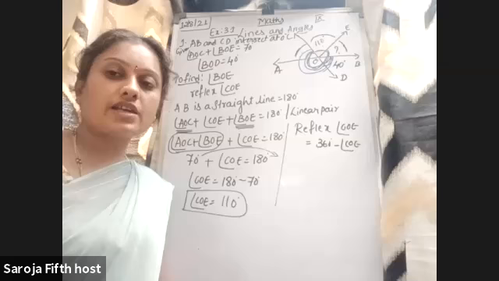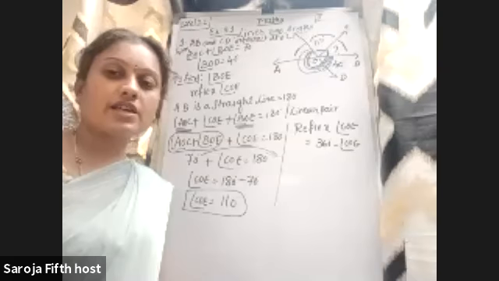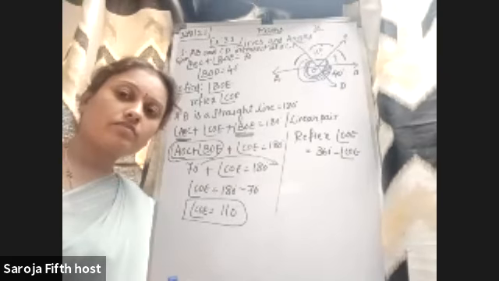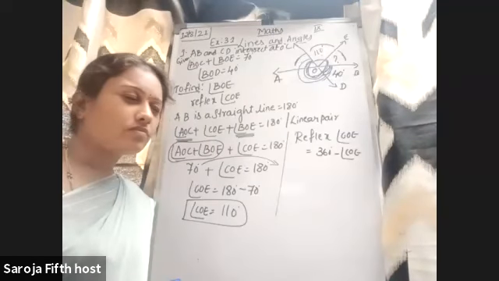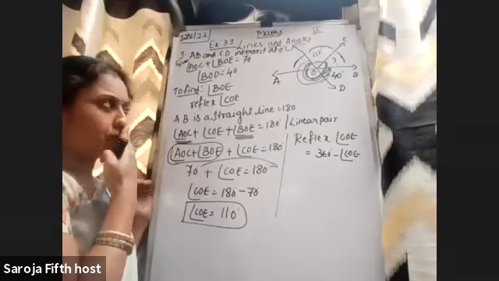Any doubt? Ma'am, we can do the sum like this also. Angle AOC plus BOE is equal to 70, BOD is equal to 40 because AOC is equal to its vertical opposite angle. Yes, you can do it.